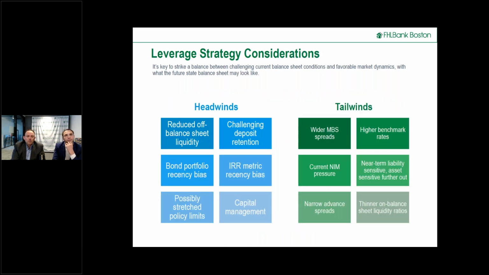So when we think about putting on investment leverage or growing the balance sheet to grow through the margin pressure, there's certainly pros and cons. When we think about the headwinds, we're using up more of our off-balance sheet liquidity by tapping funding, certainly. Deposit gathering still continues to be difficult. It's tough to say, hey, I'm going to go out and do this when I may have to continue to tap it for deposit replacement over the coming months.